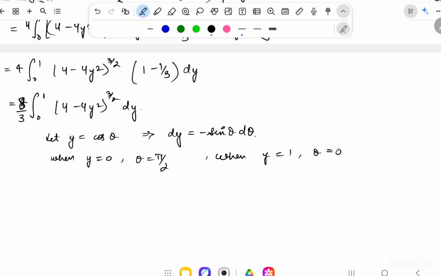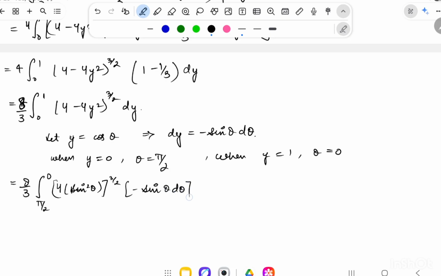So it results in 8 by 3 integration from pi by 2 to 0 of (4 into 1 minus cos square theta, that will be sin square theta) whole raised 3 by 2, and dy is minus sin theta d theta.